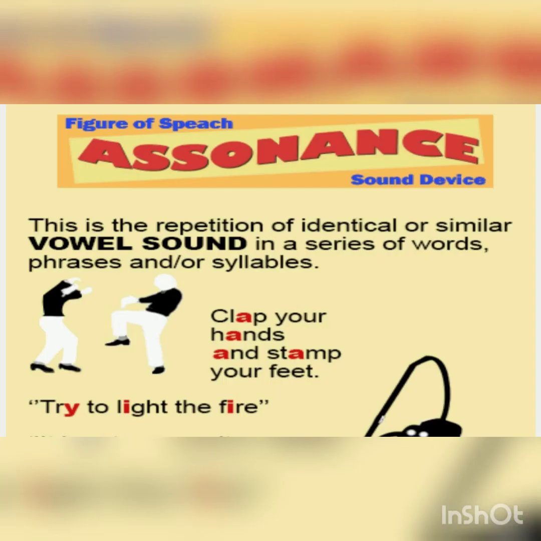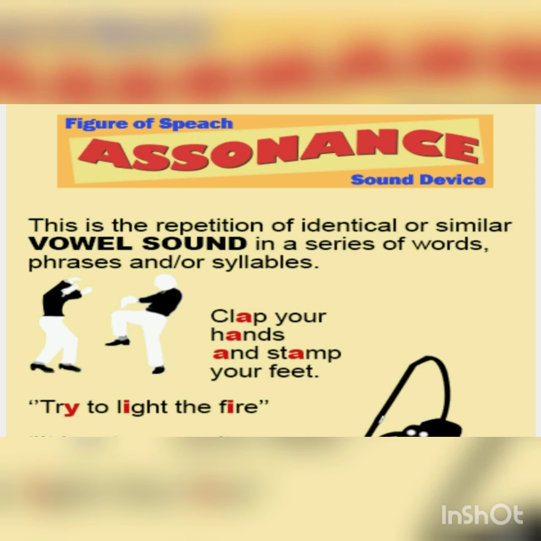Next, assonance. Assonance is the repetition of the identical or similar vowel sound. Remember, it's an identical or similar vowel sound, that is A, I, E, O, U, in a series of words, phrases, or syllables. For example, clap your hands and stamp your feet.